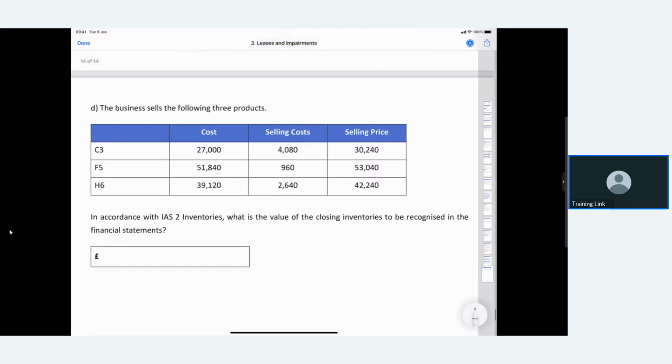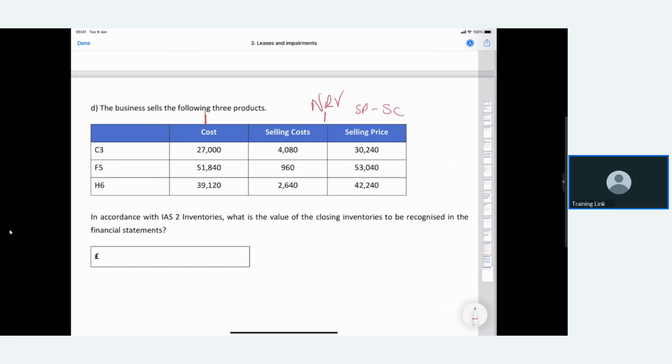Last question then. The business sells the following three products, C3, F5, H6. In accordance with IAS 2 Inventories, what is the value of closing inventory to be recognised in the financial statements? So NRV is your selling price less your selling costs. What we would do is effectively look at the lower of the cost and the NRV.